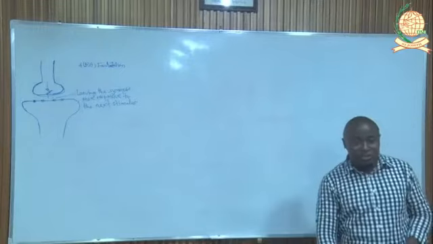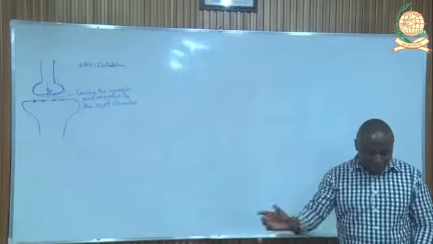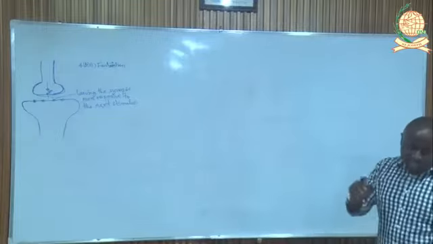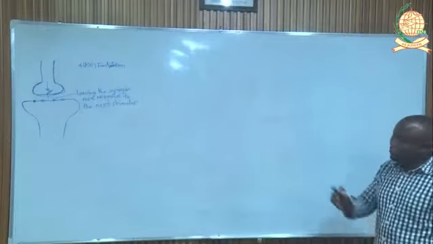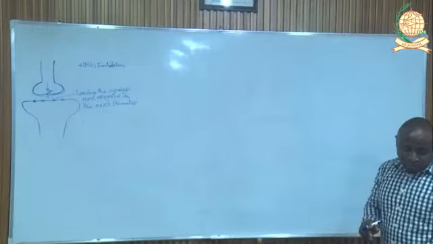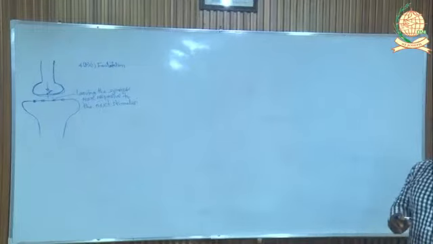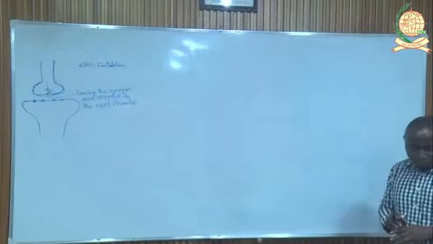So even if the incoming stimulus is very weak, it can cause excitation on the postsynaptic membrane, because sufficient acetylcholine is released at the neuromuscular junction by each impulse to excite the postsynaptic membrane to produce a response in the muscle fiber.